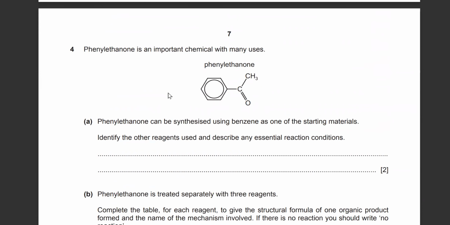So this one, you've got a molecule saying this can be synthesized using benzene as one of the starting materials. So he's trying to make this molecule out of benzene.